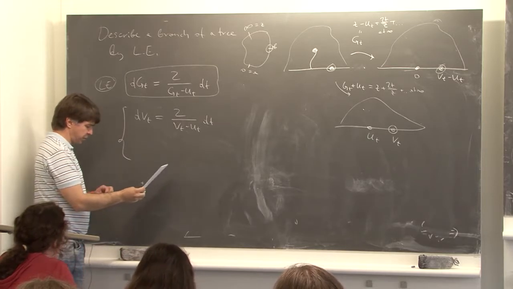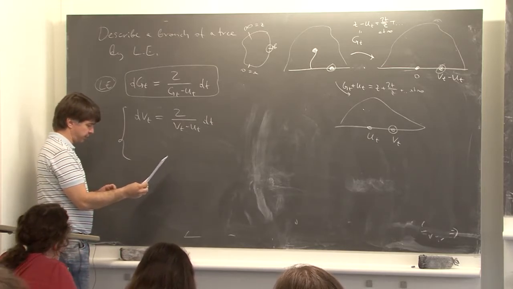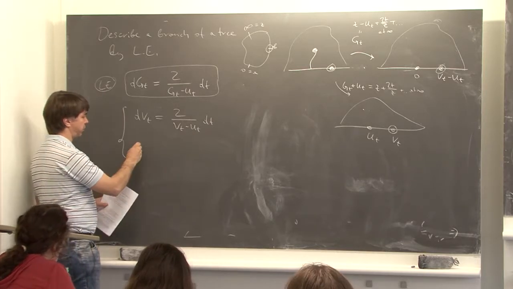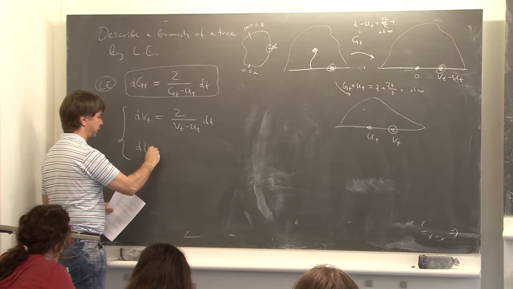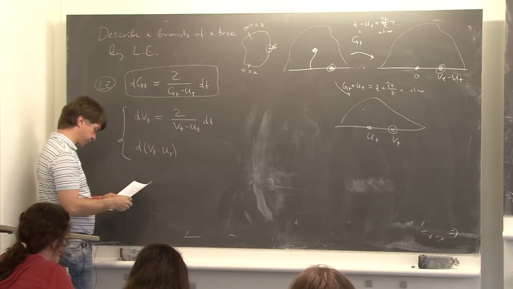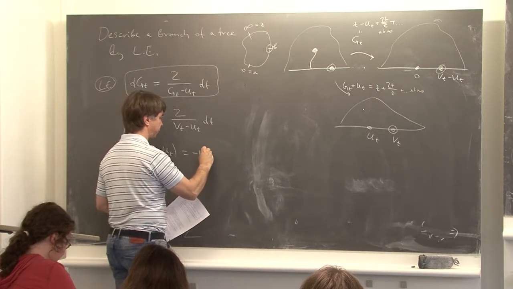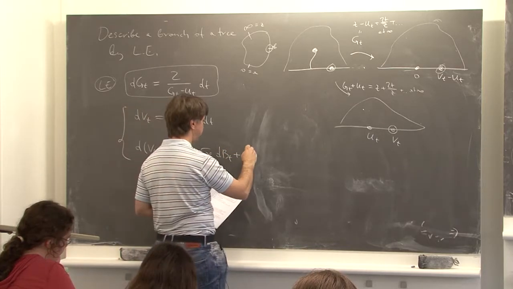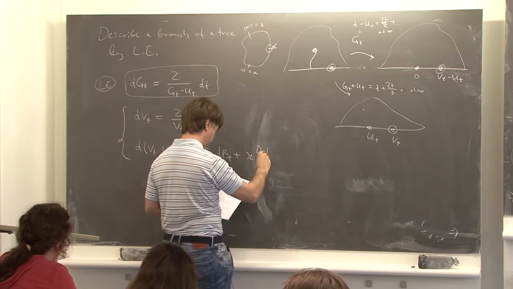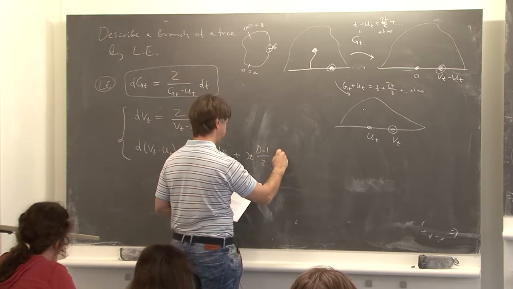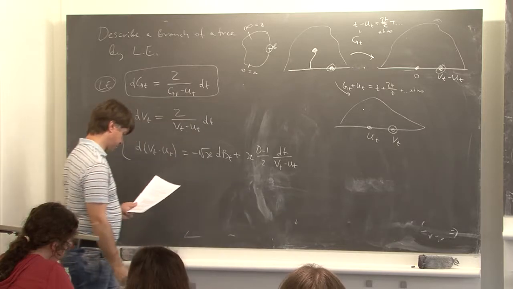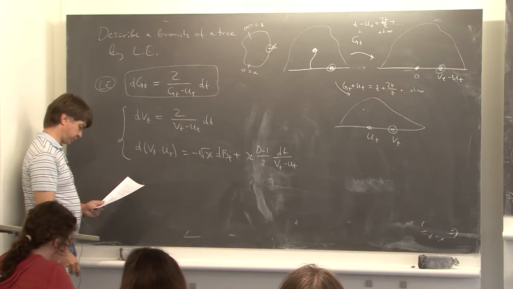Now the question is what you write as U_t, and the usual thing is that people write that d(V_t minus U_t), so you can get U_t from this formula, is minus square root of kappa dB_t plus, let's say, kappa (d minus 1) over 2 dt over V_t minus U_t.